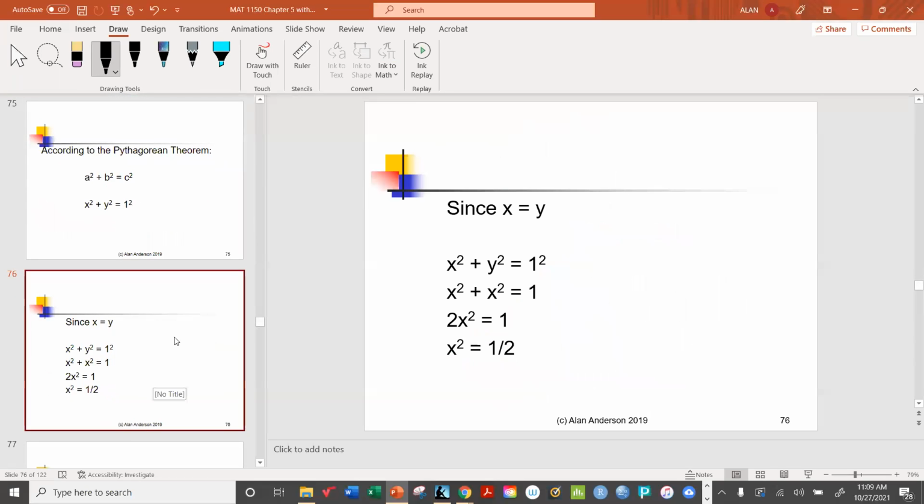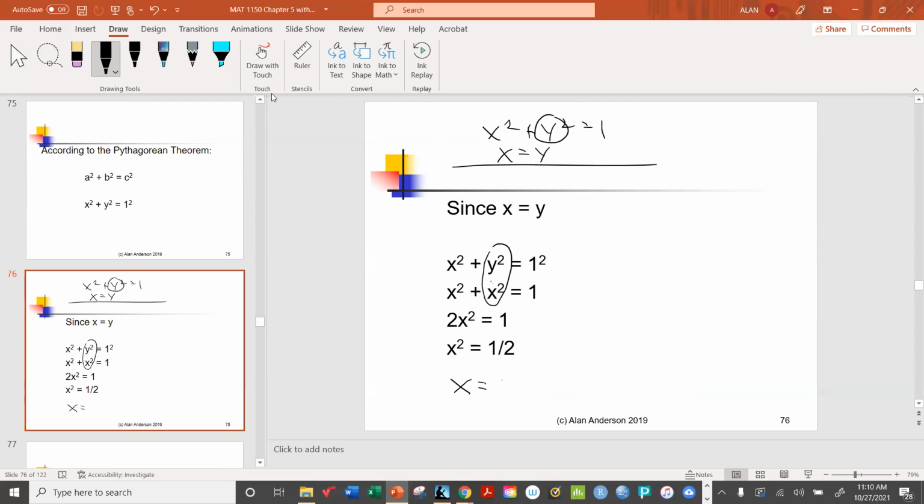So let's remind ourselves, we just determined that x squared plus y squared equals 1 and x equals y. What we can do is plug in x for this y. We did that right here. What this is telling us is that 2x squared equals 1, x squared equals 1/2, x is radical 1/2.